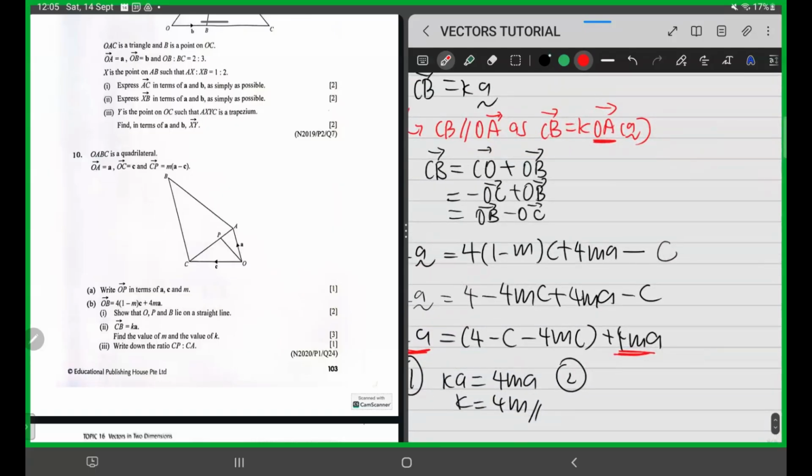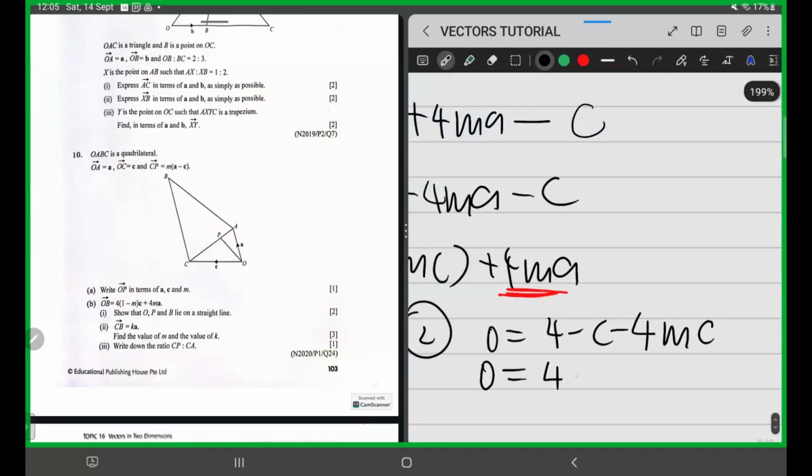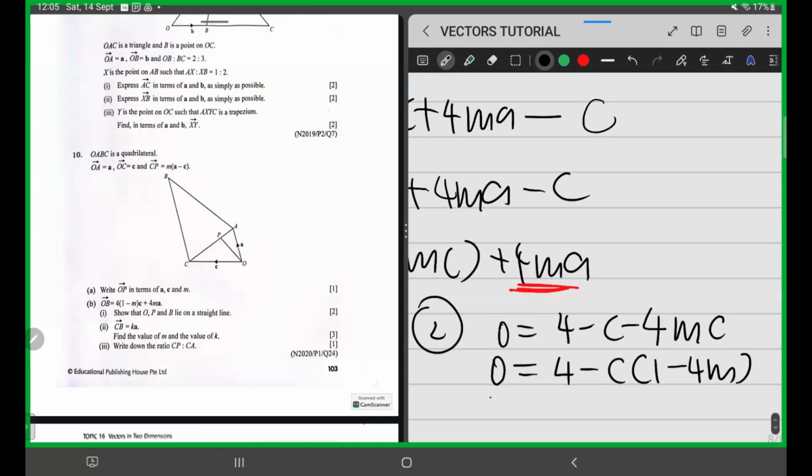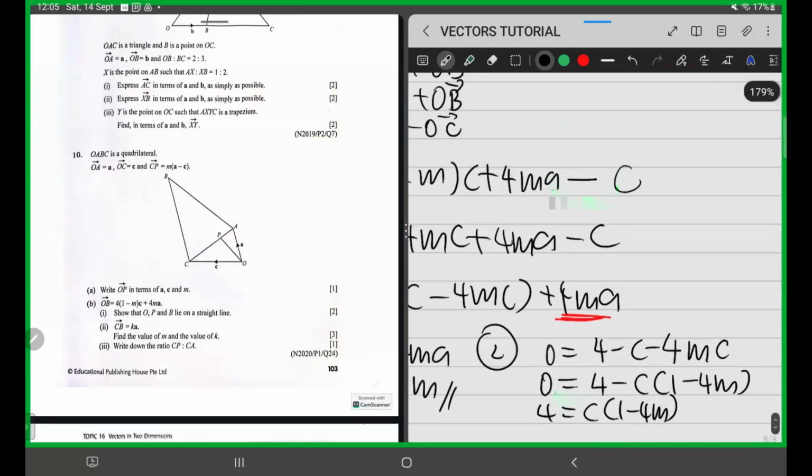So over here, we have 0 equals to 4 minus C minus 4MC, of which you can get 4 minus C bracket 1 minus 4M. Hence, your 4 equals to C bracket 1 minus 4M.